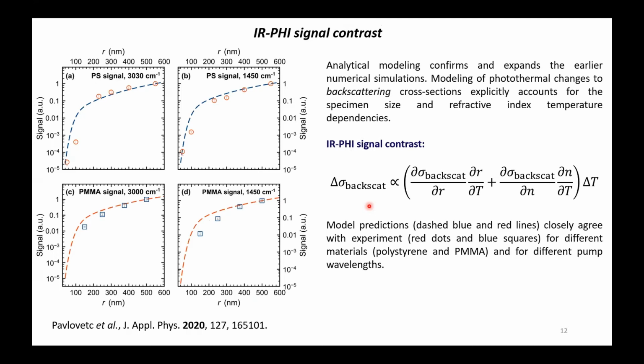And what we can do here is explicitly account for changes induced by thermal expansion and changes induced by thermo-optic coefficient in response to temperature change. And temperature changes just from absorption of infrared radiation.